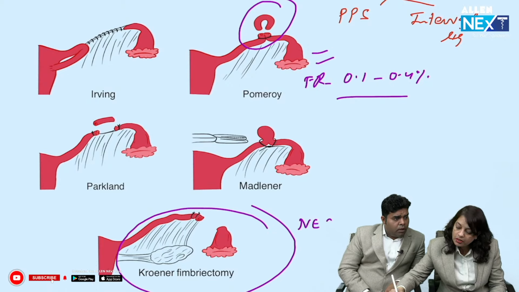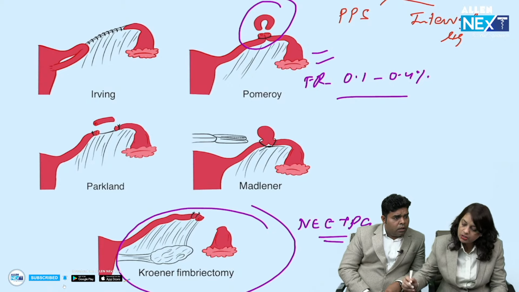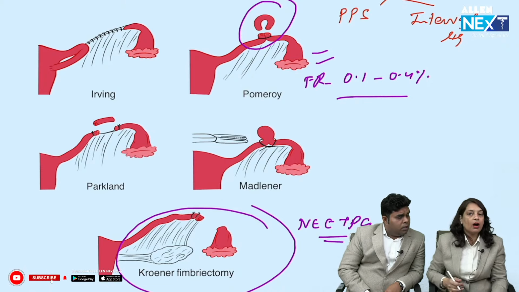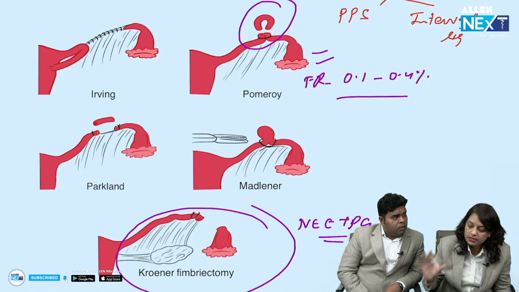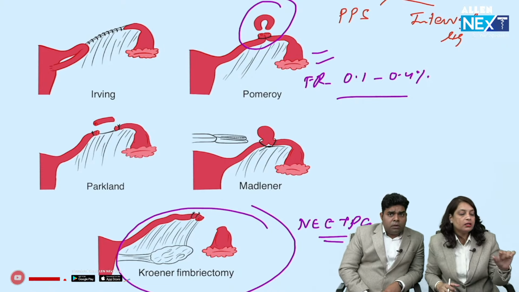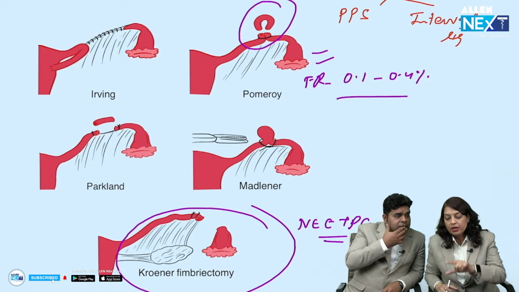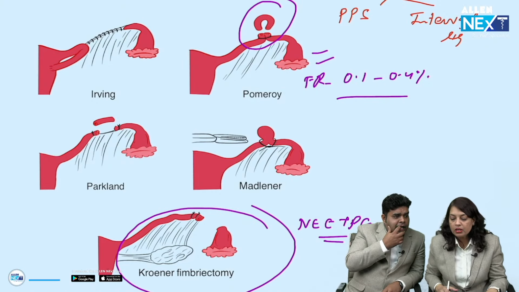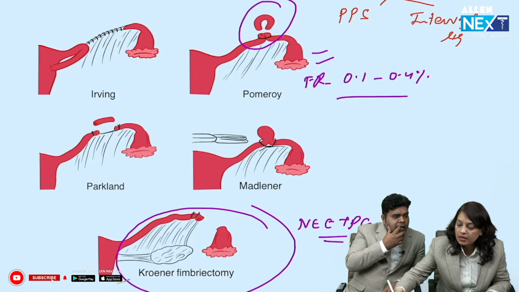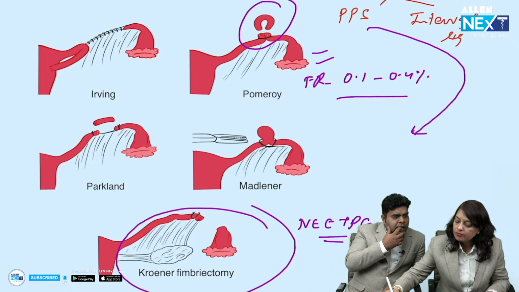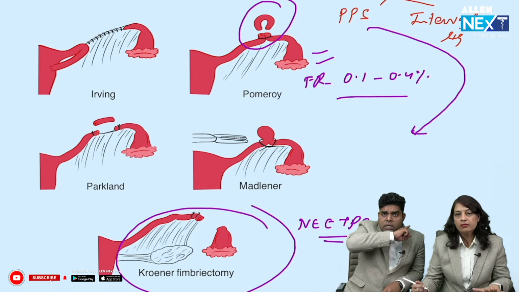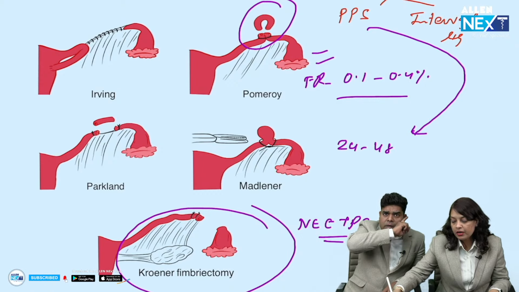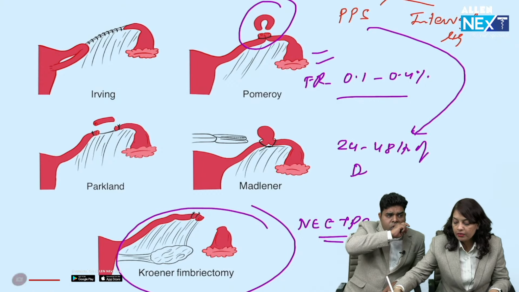In one of the NEET PG exam questions, there was an image of this and they have asked, so that is why I've taken this image to explain the different types of method, but mostly we are using the Pomeroy's technique.